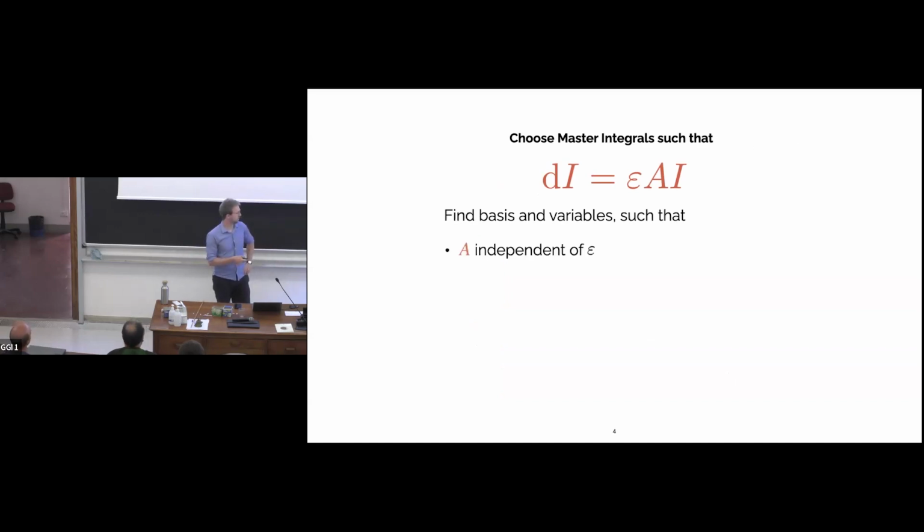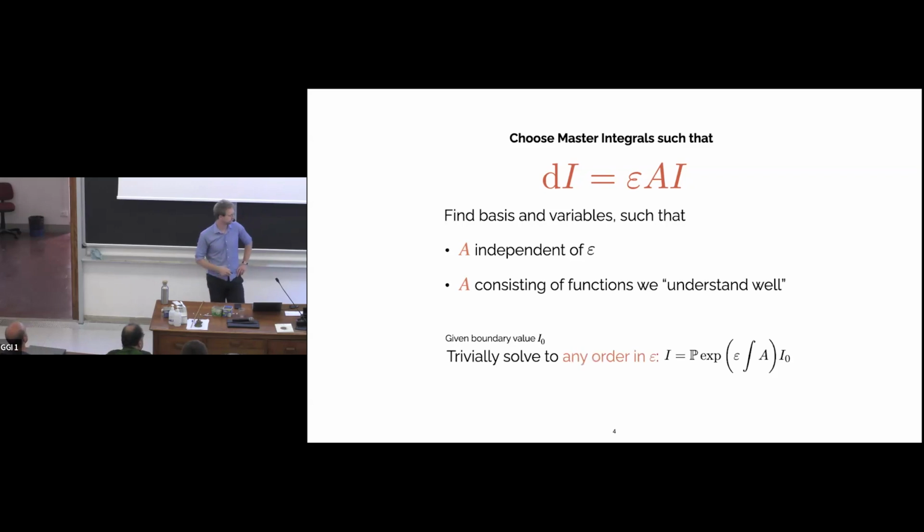And so you want to find the basis of master integrals where A is independent of epsilon, and ideally you would like to understand what kind of kernels appear in this matrix A here. And the reason for this is because once you have the differential equation in this form, you can actually trivially solve this integral to any order in epsilon just through a path ordered exponential.